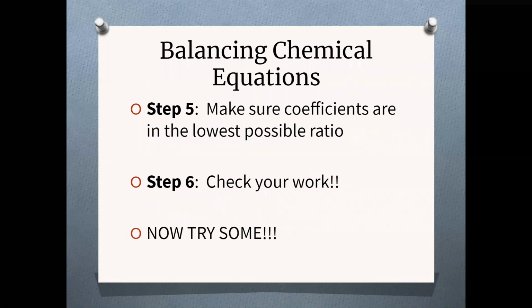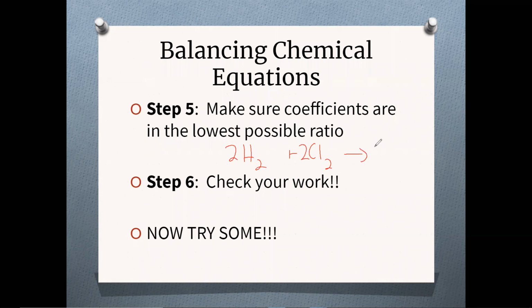So steps 5 and 6 are really just kind of quick things that you have to check. Step 5 is making sure your coefficients are in the lowest possible ratio. So let's say I had this situation instead of what I had before. Now we have 2, 2, and 4.